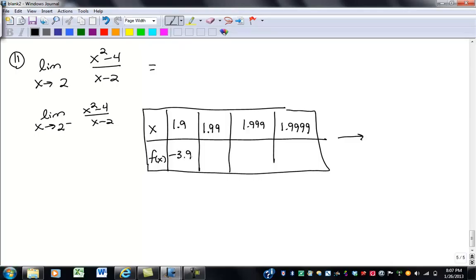And that gives you negative 3.9. Well, now I take 1.99 and plug it in for x. 1.99 squared minus 4 divided by 1.99 minus 2.